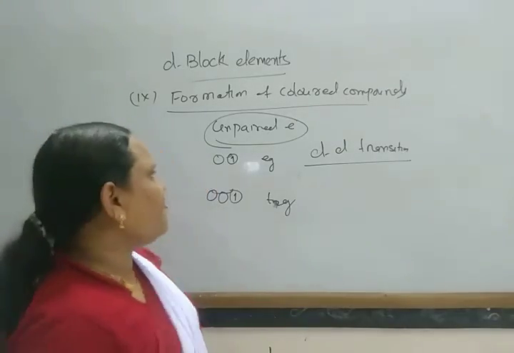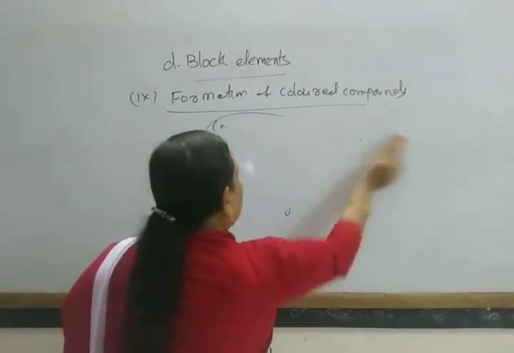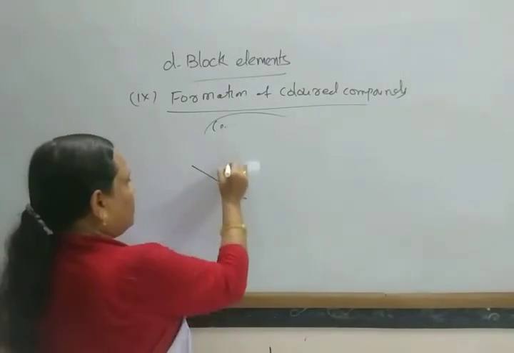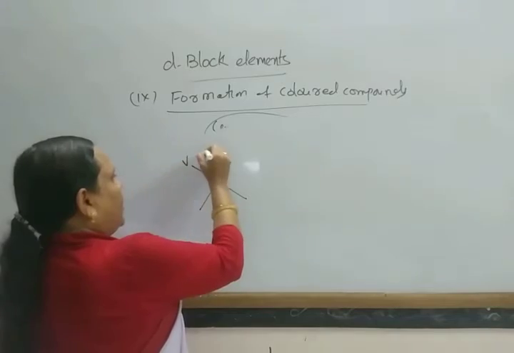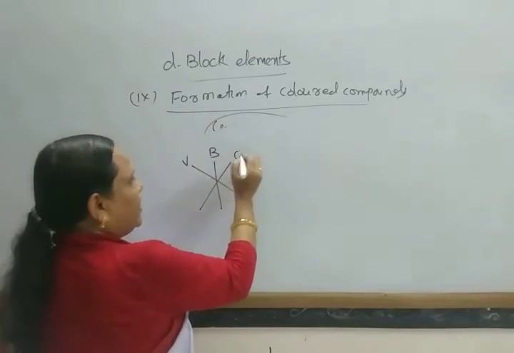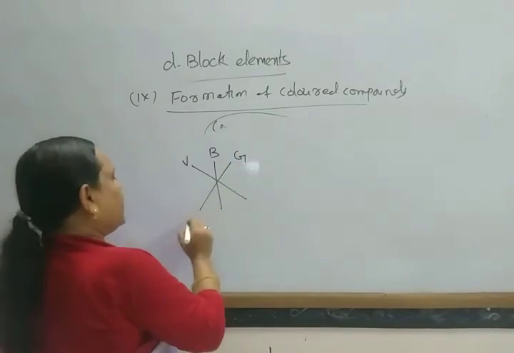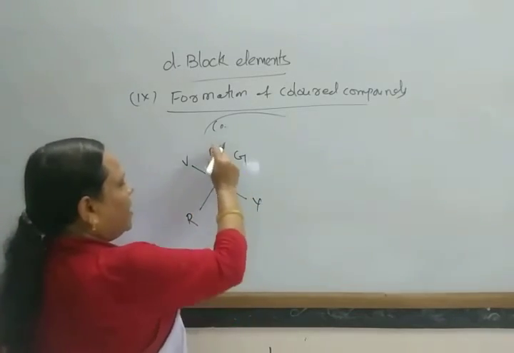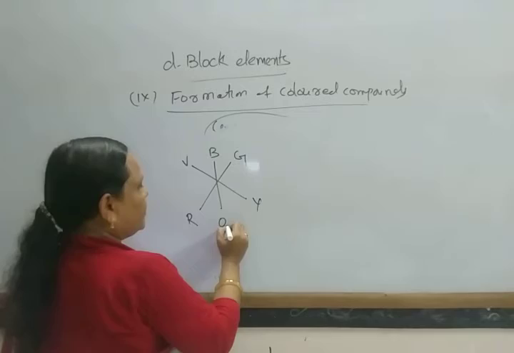For example, there is a color wheel given: violet, blue and green. Green's complementary color is red, violet has yellow and blue has orange.